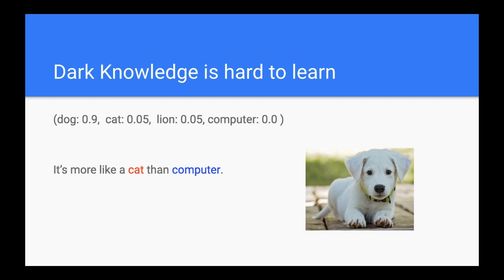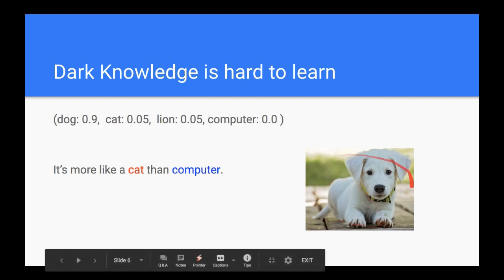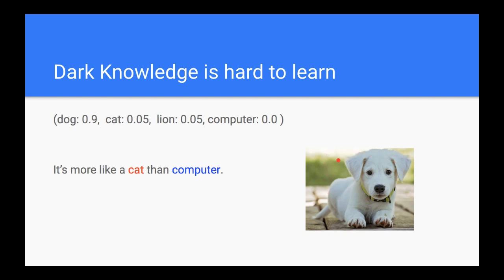There is actually a lot of dark knowledge in the neural network prediction, because usually the neural network's prediction is a distribution of probabilities over your output classes. If we are given this picture, which is apparently a duck, and the neural network predicts a cat or lion, you won't say it's too wrong.